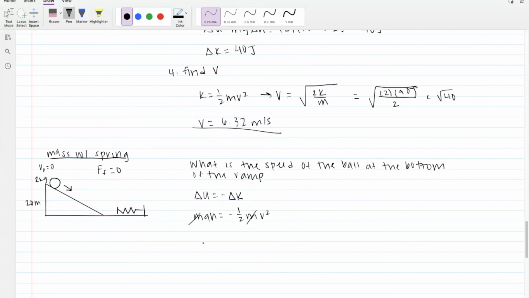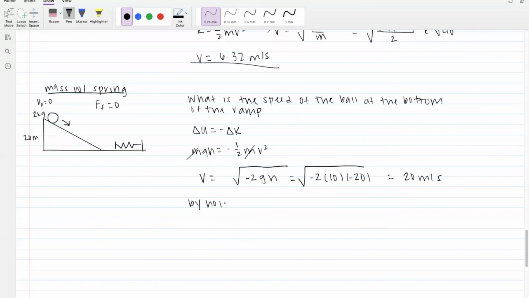So let's solve for v, which is equal to the square root of negative 2 times gravity times height, which drops by negative 20. So this will give us 20 meters per second.